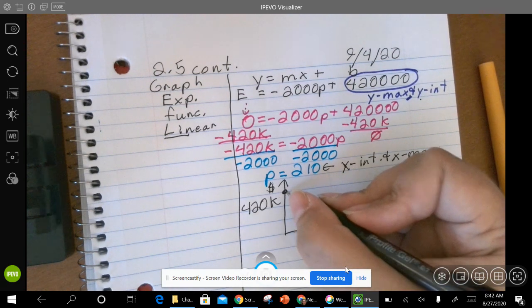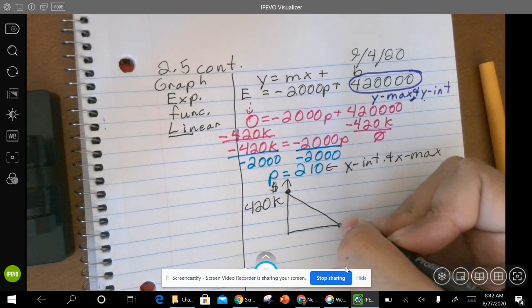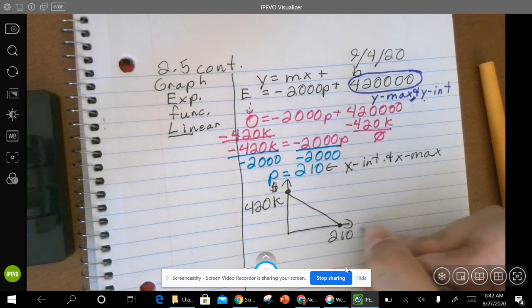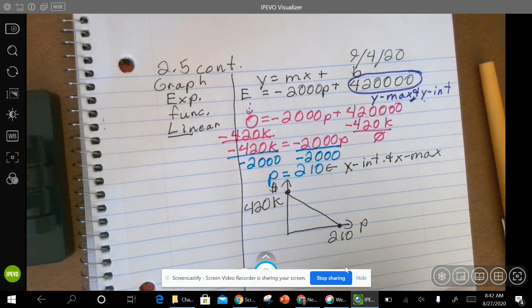So now we can sketch our graph. Okay, you got this, everybody.